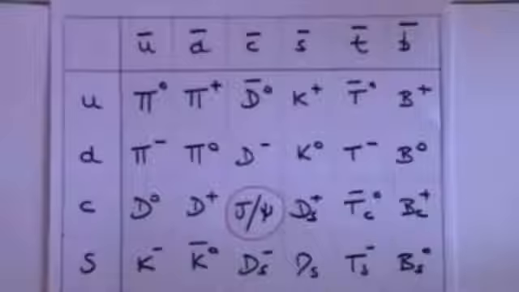And the antiquarks are, of course, anti-up, anti-down, anti-charm, anti-strange, anti-top and anti-bottom. And you can perm any one of these with any one of these to give you 36 combinations of quark-antiquark pairs. So I've drawn out a table that does precisely that.